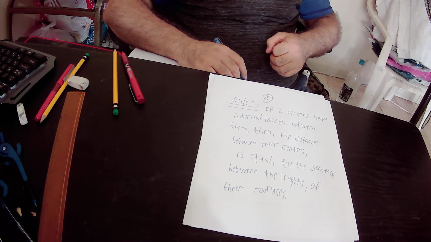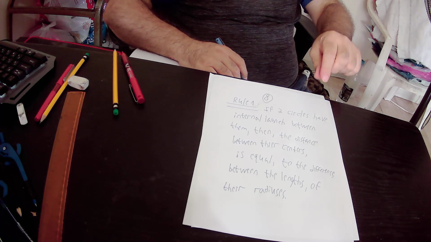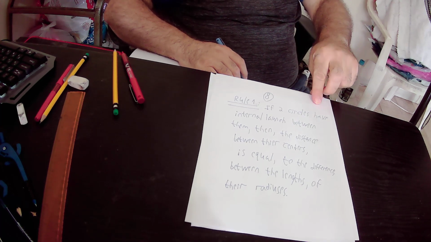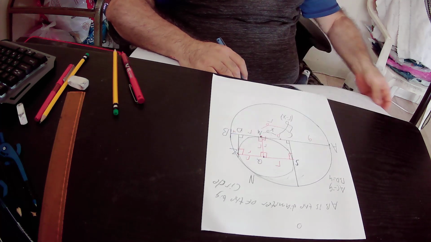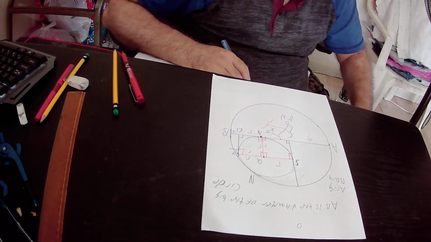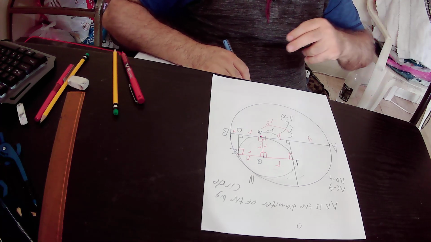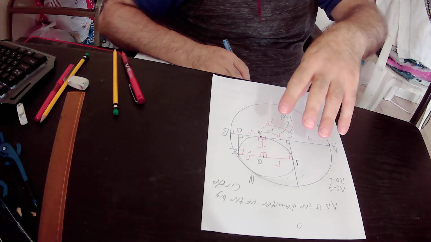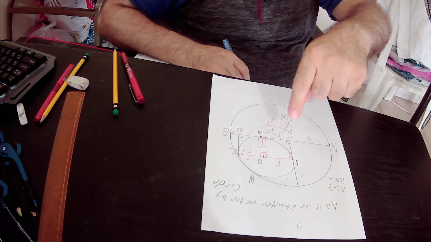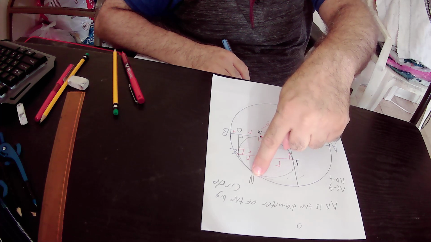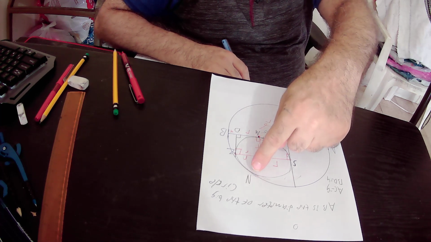So we can implement rule number 1 in our two circles, because those two circles have internal length between them at point N. So we can use rule number 1 here.